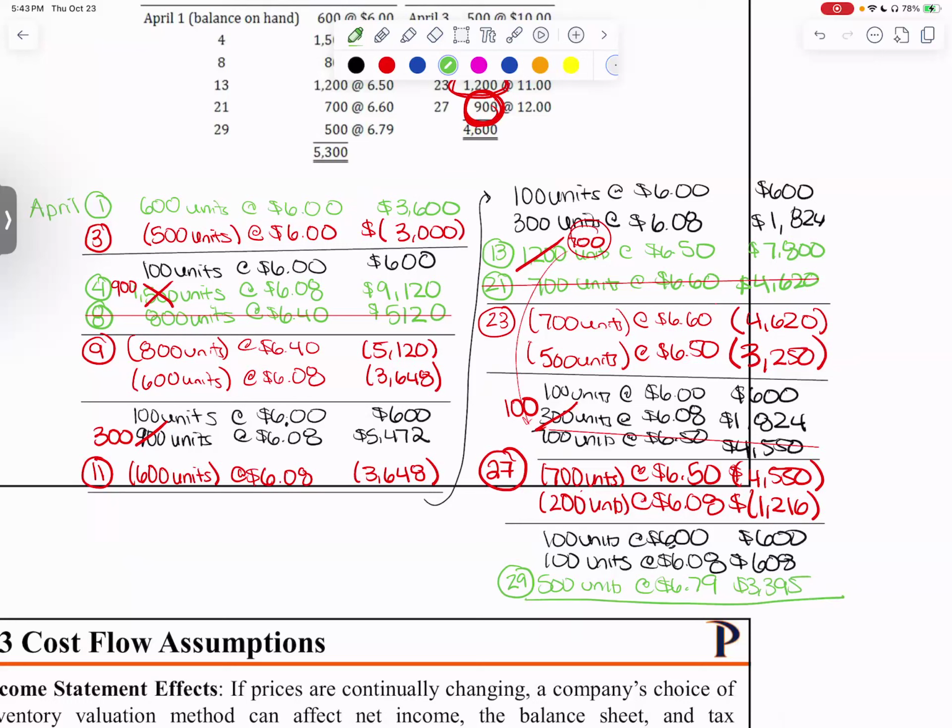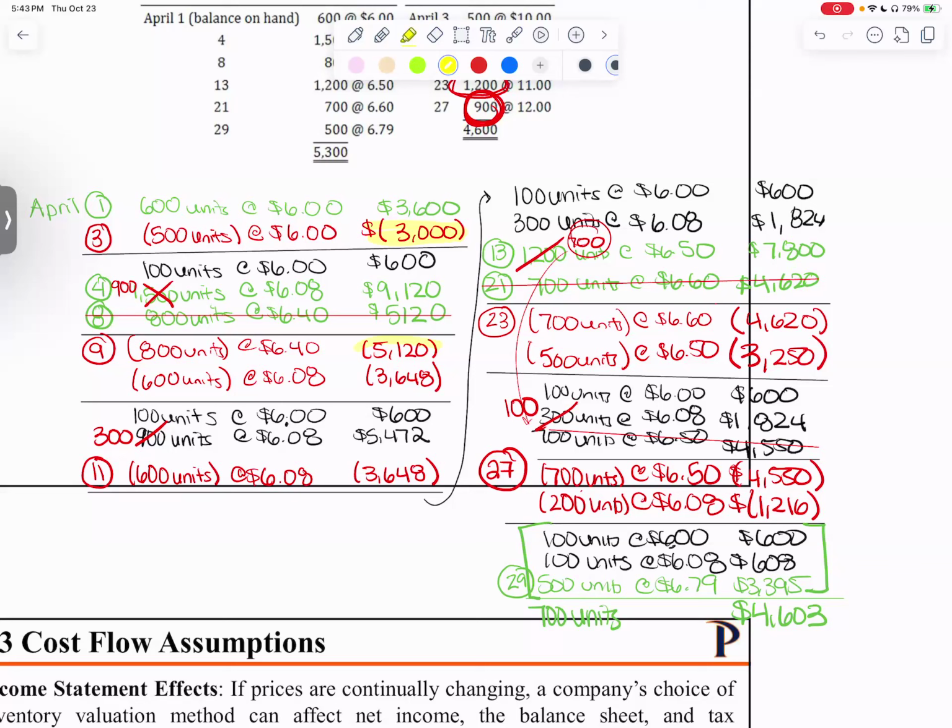If we add our remaining inventory up at the end of the period, we'll get ending inventory of 700 units for a total cost of $4,603. Our cost of goods sold is going to be all of our calculations here added up.